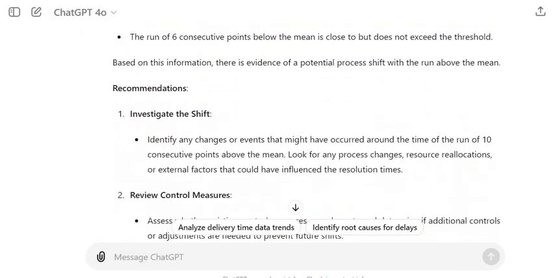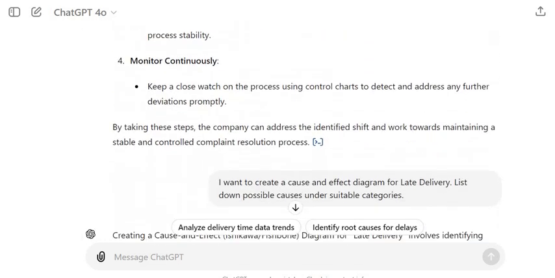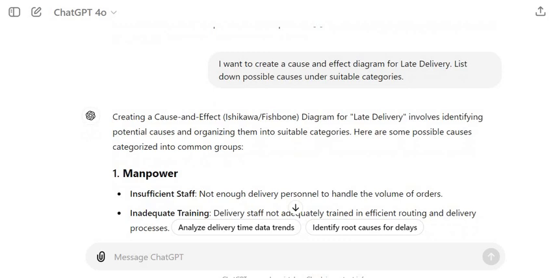Okay. After the control chart, we want to apply another tool, which is the cause and effect diagram. So the most frequently occurring issue or complaint in our data set was late delivery. So I want to create a fishbone diagram which basically lists all the possible causes of a problem.